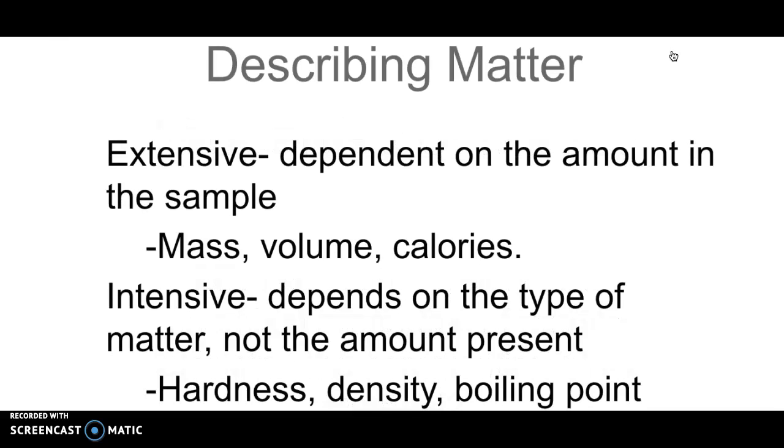When we focus on different elements, we compare them using various quantities, properties of the material. The mass, volume, and calories are extensive, and hardness, density, and boiling point are intensive. But they will relate to the various properties that each element incurs.